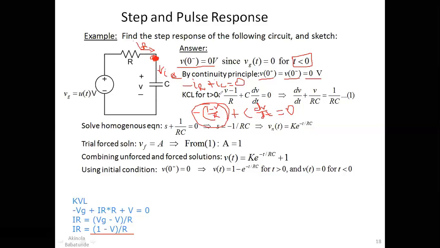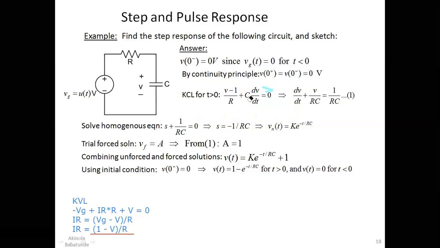That is how we got this V minus 1 over R at the top here: if we expand it, it becomes minus 1 plus V over R. We have our C dV/dt here, and then everything equals 0. That's how we got the KCL for this circuit when t is greater than 0. Now that we know exactly what is going on, we can rearrange these to look like a first order differential equation.